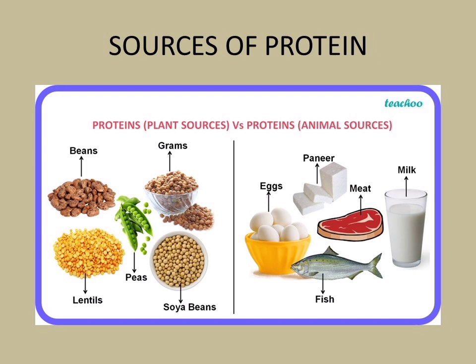Nutritive value. The nutritive value of a protein is based on two factors, namely amino acid composition and digestibility. All proteins do not contain all the essential amino acids. Only a few types of proteins contain the complete set of essential amino acids. Such proteins are called first class proteins and their nutritive value is high.